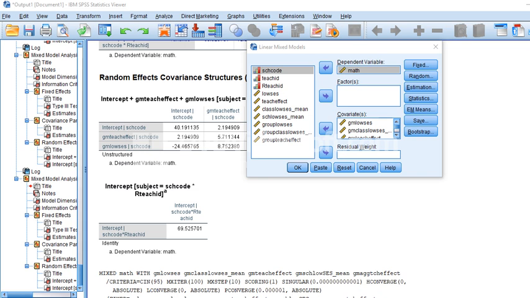In the previous video we sort of exhausted the examples, but I thought I would extend things a little bit by incorporating the possibility that the slope for a level 1 predictor might vary between level 3 units, and then also looking at modeling a cross-level interaction between a level 3 predictor and a level 1 predictor.